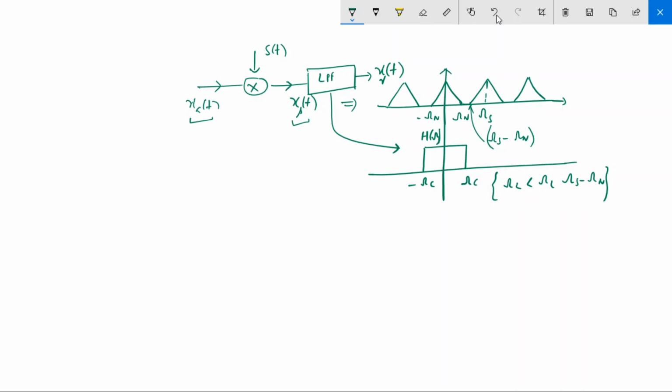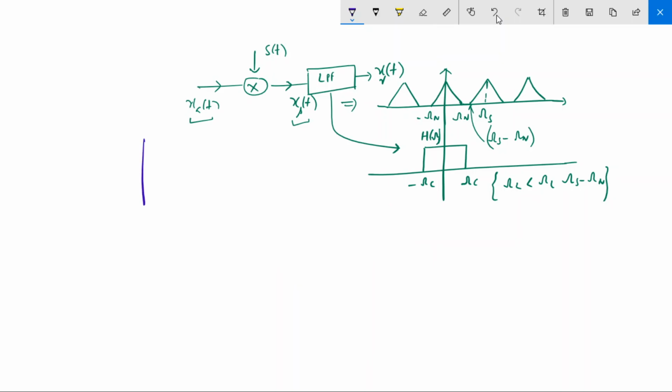In time it becomes a convolution. So our x_r(t), the reconstructed signal, is nothing but the convolution of the input signal x_s(t) with the impulse response of this filter. So first you have to find the impulse response of this filter, which is a low pass filter.